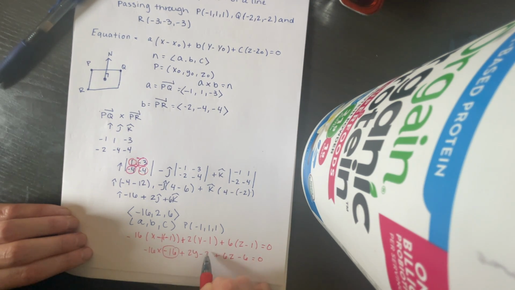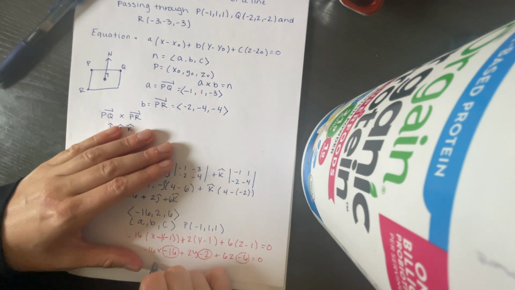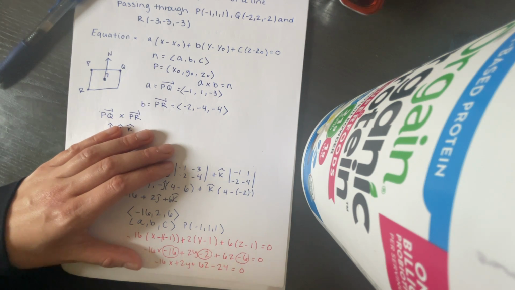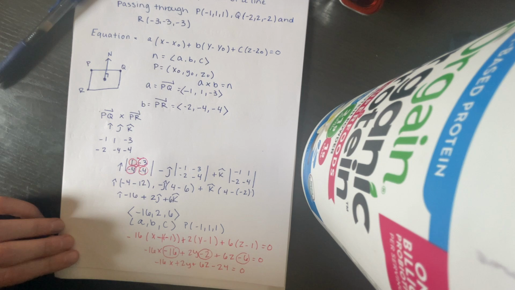So negative 16 plus negative 2 plus negative 6 is going to equal negative 24. So negative 16x plus 2y plus 6z minus 24 equals 0. If you wanted to, you can factor that, but we're just going to leave that as it is, and that is how you solve an equation of a plane passing through points.